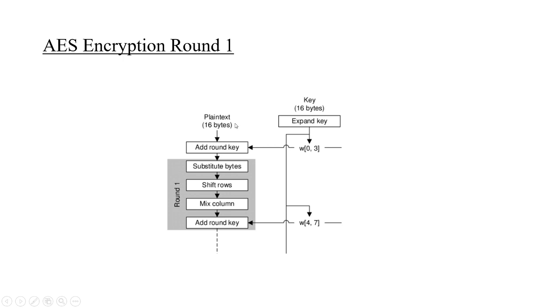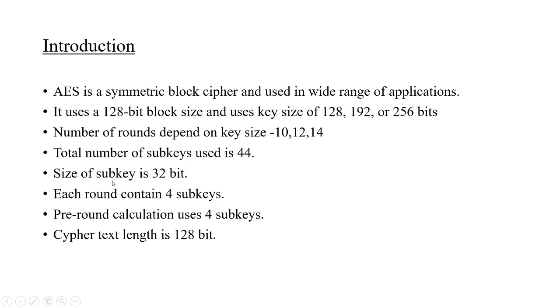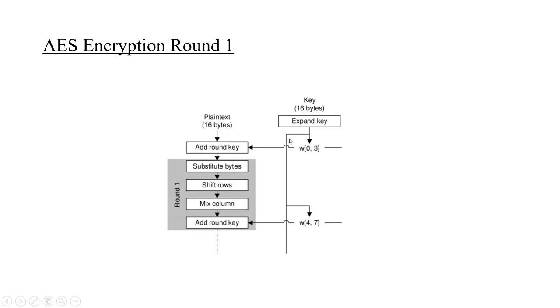Here the plain text is 128 bits. The master key is used to expand the key in order to get 44 subkeys. Here one subkey length is 32 bit, which means one word. So a subkey can be considered as one word.